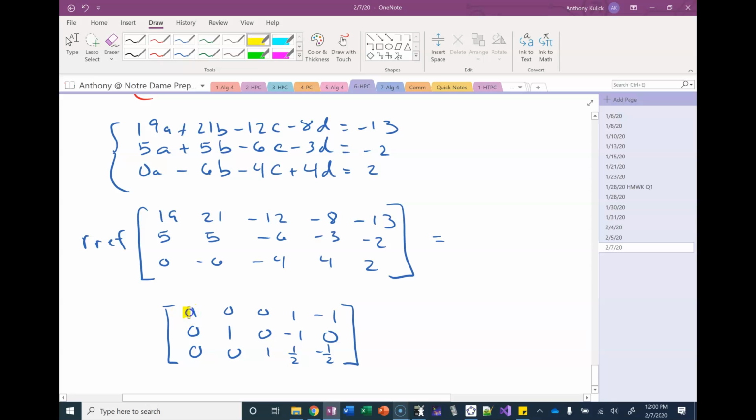So if I look at the first row, let's turn this into an equation, right? So this says 1a plus 0b plus 0c plus d equals negative 1. Where this first column is my A's, then B, C, D, and then my answer.